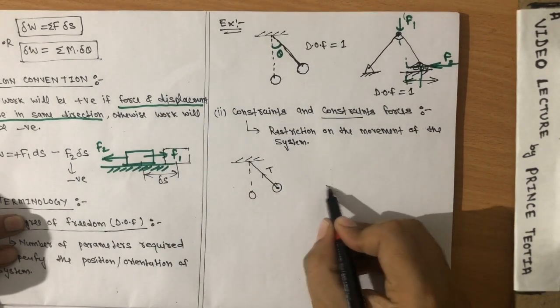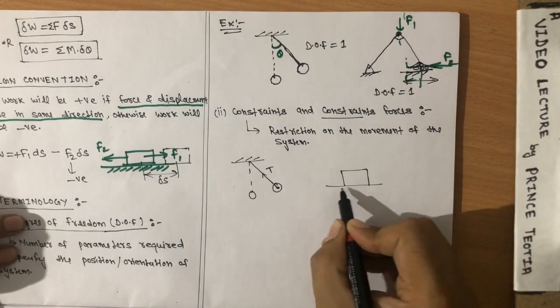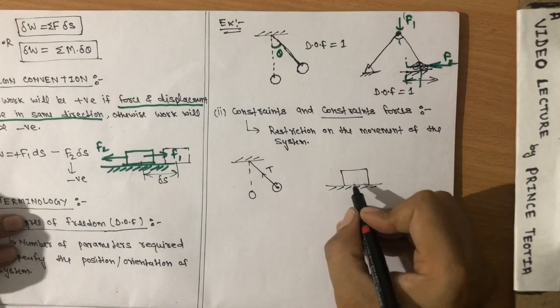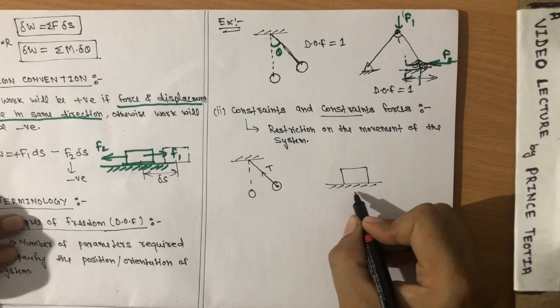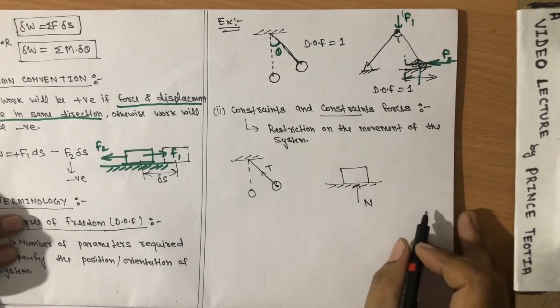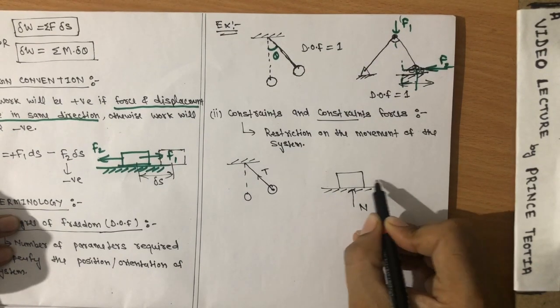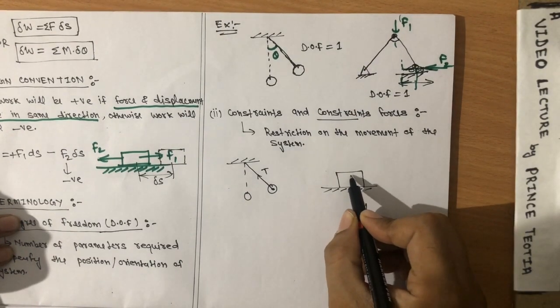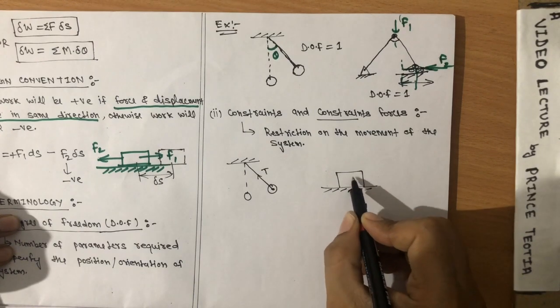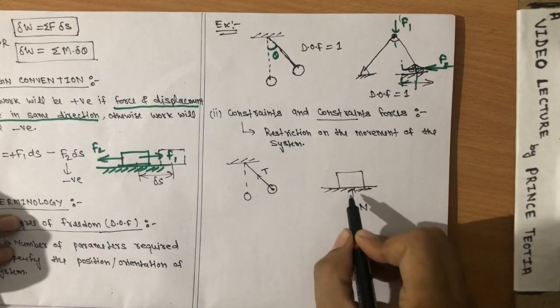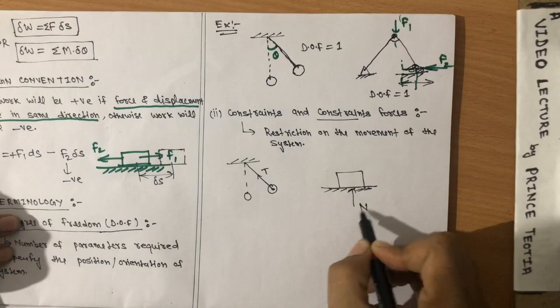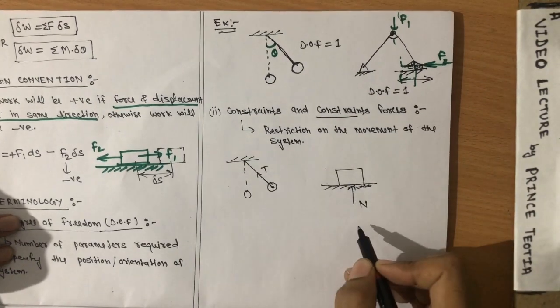Like this block, there is one normal reaction, and we cannot move in this direction. So this is the constraint, and this force is known as the constraint force.